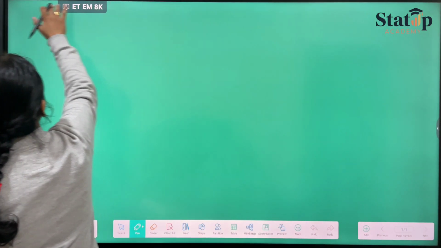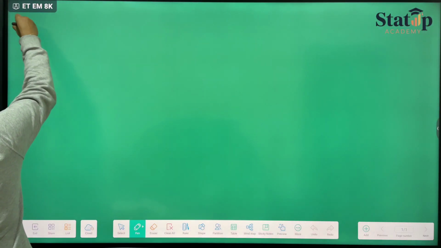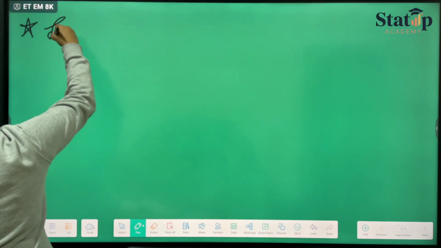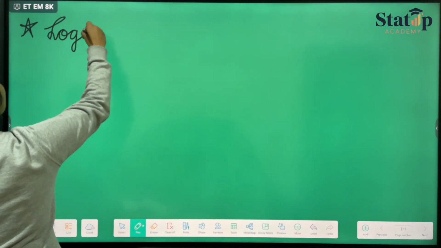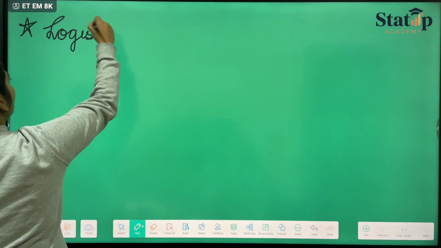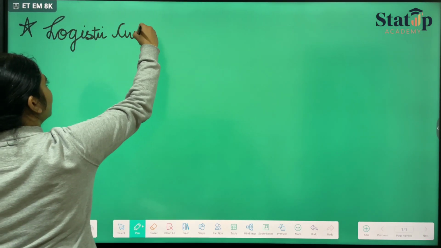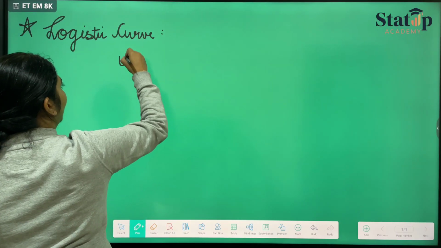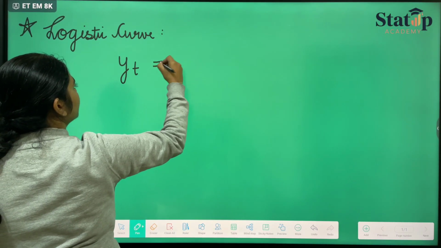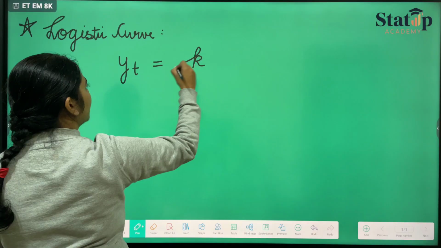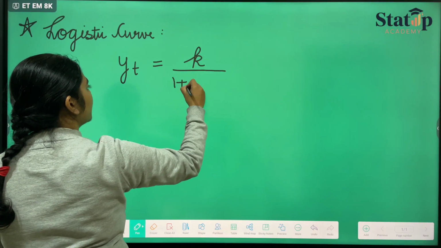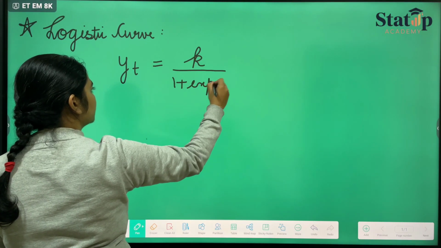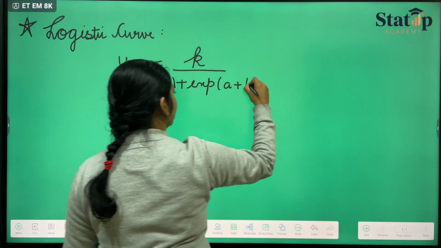So as we all know, what was logistic curve? The equation of logistic curve was given by yt is equal to k upon 1 plus exponential a plus bt.